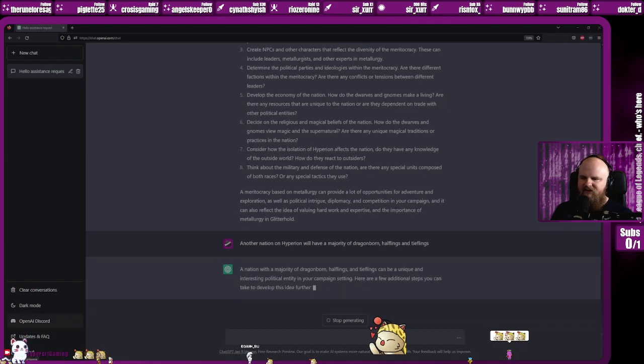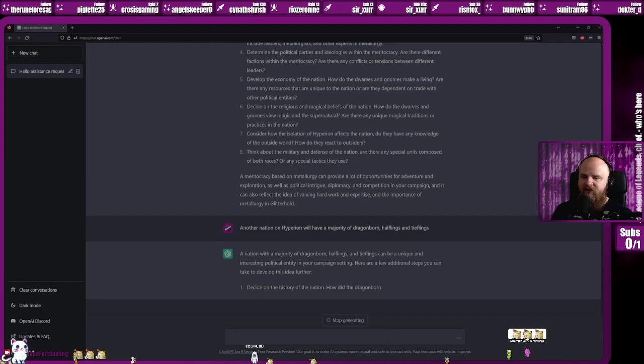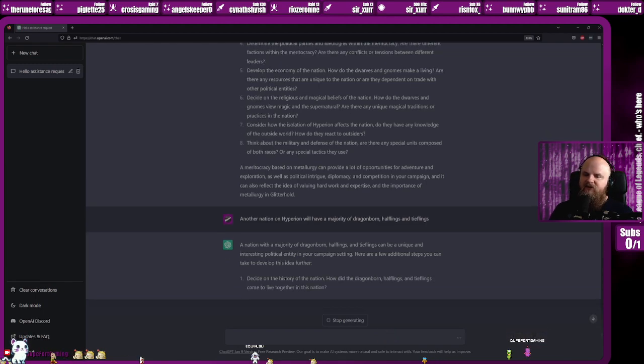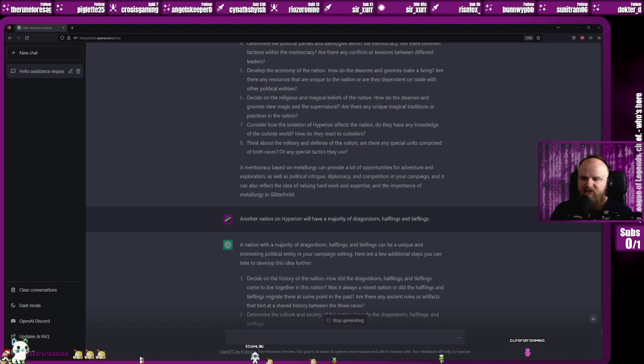A nation with a majority of dragonborn, halflings and tieflings can be a unique and interesting political entity. Yeah, now it's going to give us the same stuff. Was it always a mixed nation, or did the halflings and tieflings migrate? Okay, so does it just take the first thing you say? It assumes the first thing you say has always been there, and then the rest come in.